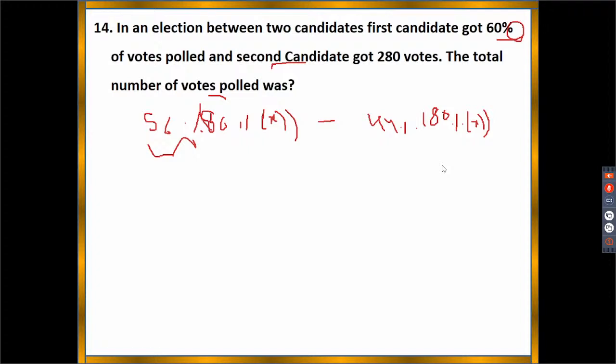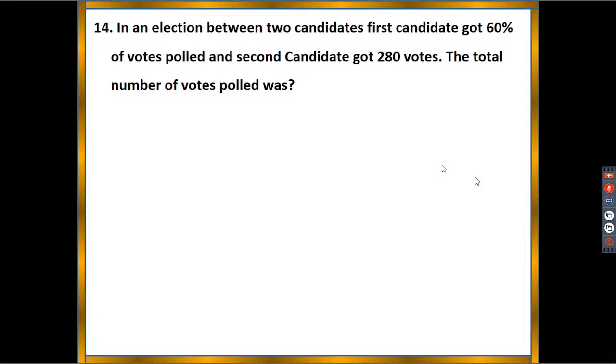In an election between two candidates, in this example, they do not mention anything, whether it is valid or invalid.